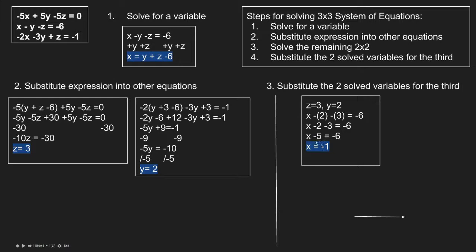And then you're going to add 5 to both sides because you're solving for your x. This is your third variable, last variable, and x equals negative 1 when you add 5 to both sides. So now again, you're going to order them alphabetically, and you should get negative 1 for x, 2 for y, and 3 for z.